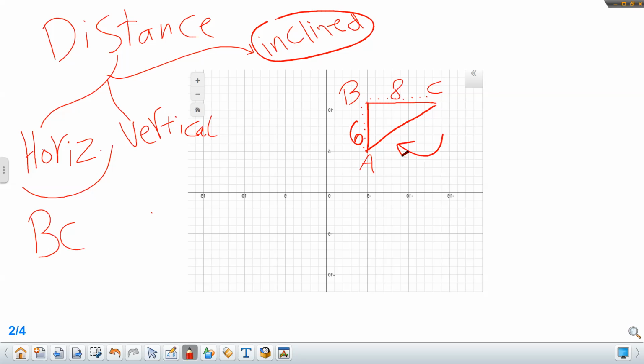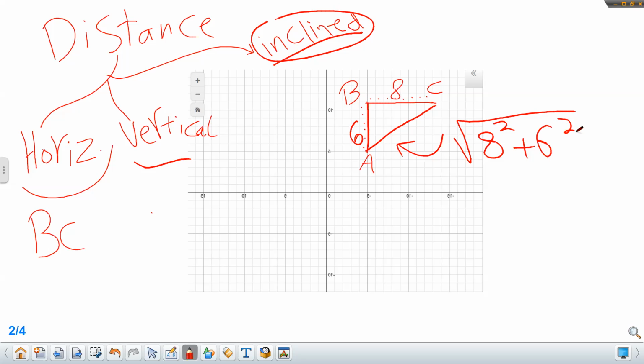So I can find the inclined distance squared equals the vertical distance squared, which is AB squared, plus the horizontal distance squared, which is BC squared. So I can find AC by the Pythagorean theorem, which is the square root of 8 squared plus 6 squared.